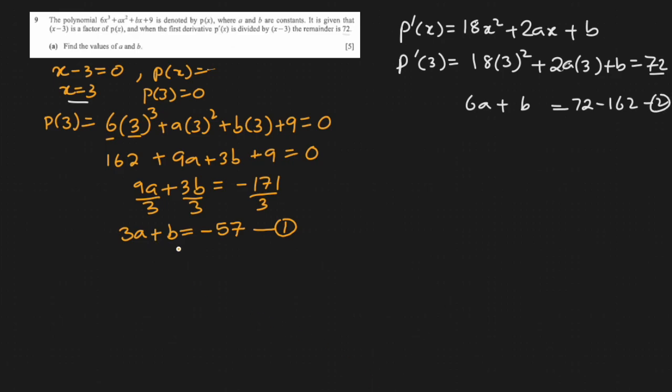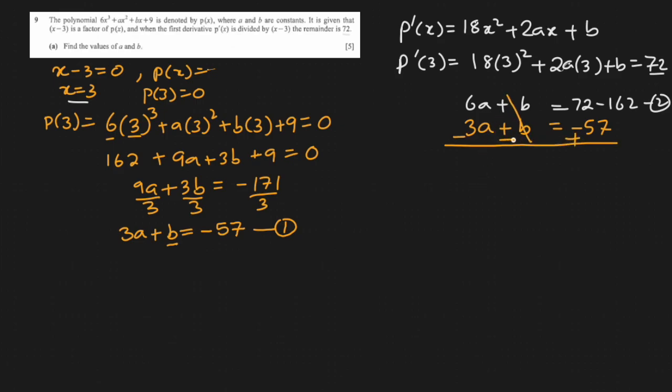Now both have b's, so we can simply subtract. So I'm writing that equation here, equal to minus 57, and I will subtract this time. I'll change this sign, and change this sign.